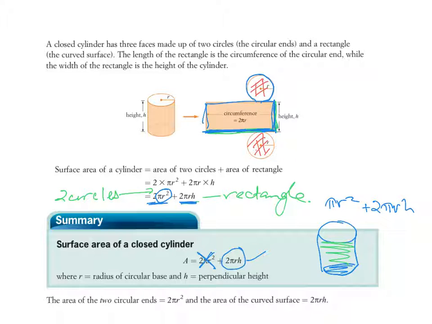So the one formula can be manipulated to be just a pipe without a top or a bottom, or for example a glass without a top.